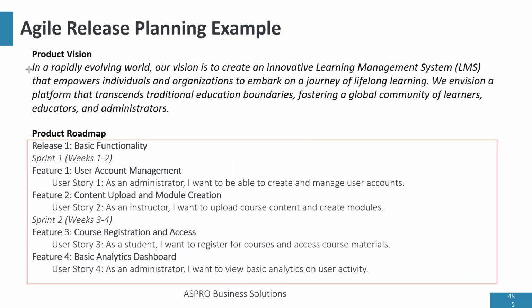And the reason why the first release is important is that it is usually your minimum viable product, which is now being called minimum marketable product, right? MVP. And once you release your MVP, you can start generating revenue.